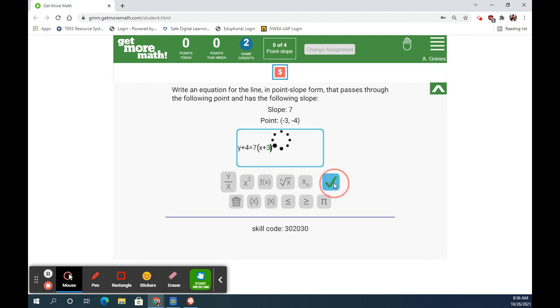That's all you're doing. Does everybody see that? Look at this one. Let's do it again. So this is y minus negative 6, which turns into plus 6, is equal to 8, parentheses, x minus 7.